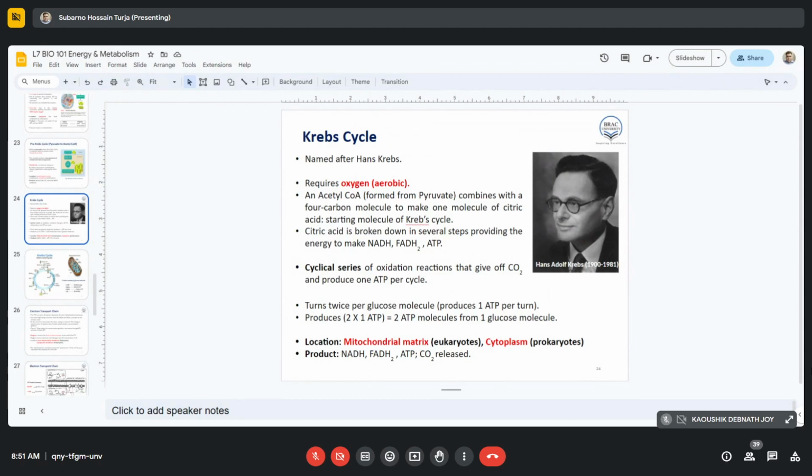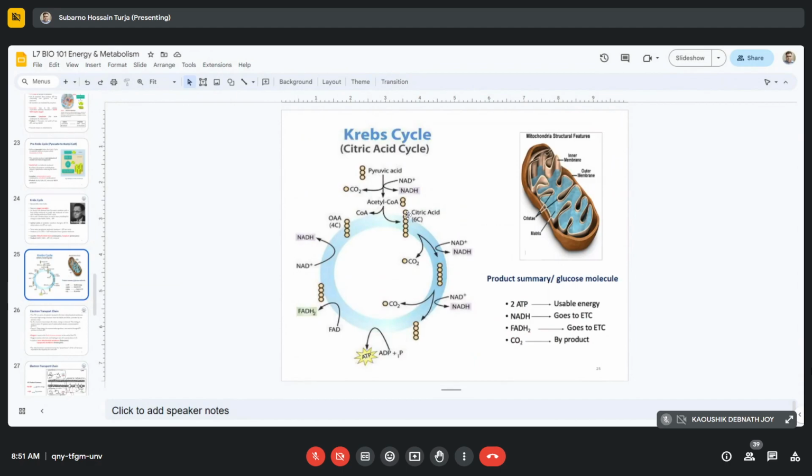And then the breakdown part of the Krebs cycle is this citric acid that just formed is then broken down into carbon dioxide. See here, this citric acid 6-carbon is broken down into ultimately carbon dioxide and other carbon chain products. Those carbon chain products then reform with the acetyl coenzyme A to form more citric acid.